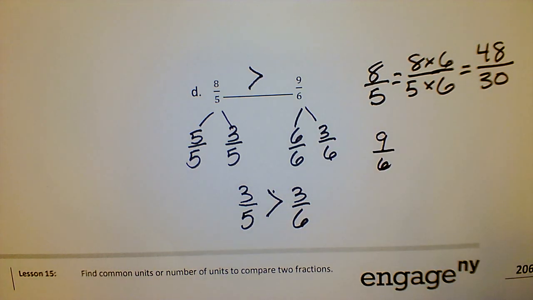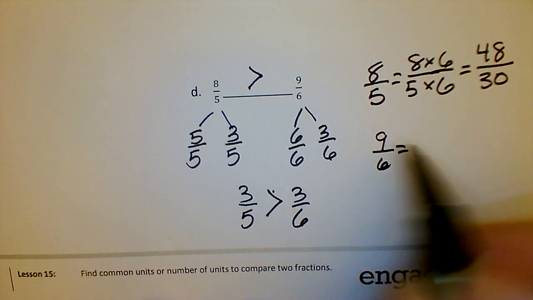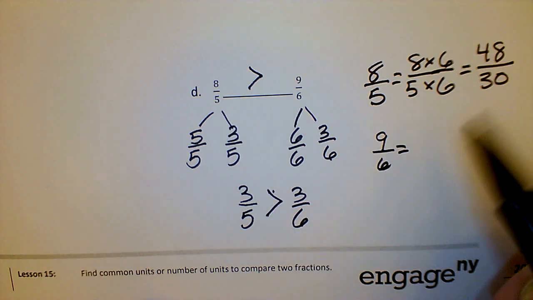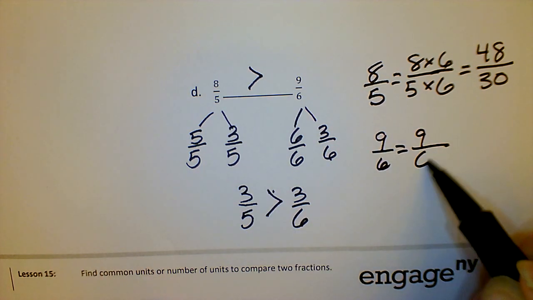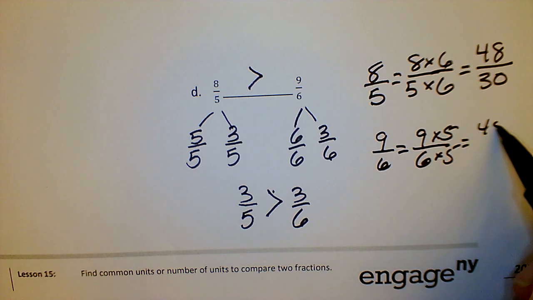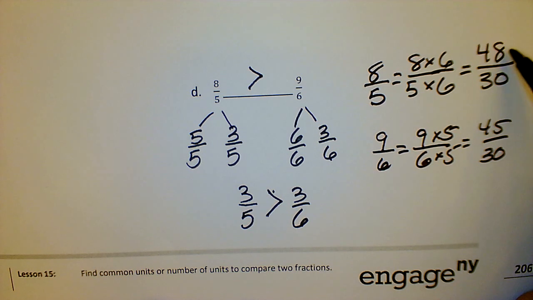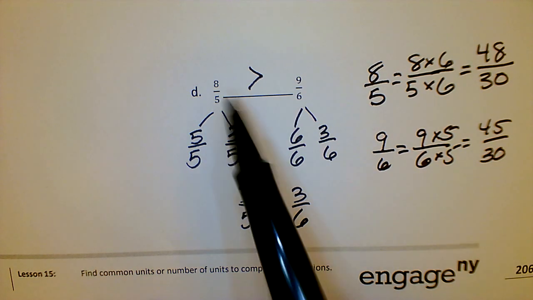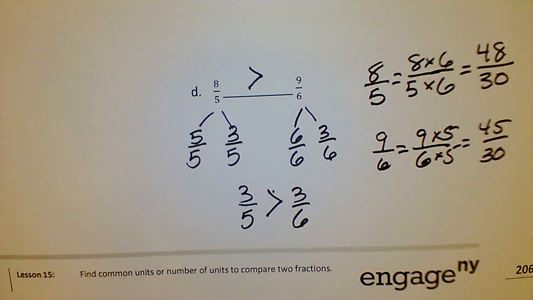Only for this one, I'm going to multiply by the other denominator, which is 5. So 9/6 times 5/5 gives me 45/30. And now I can see again that 48 is larger than 45. So that's what we wrote there. We said that 8/5 would be larger.